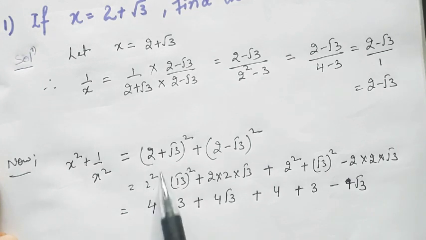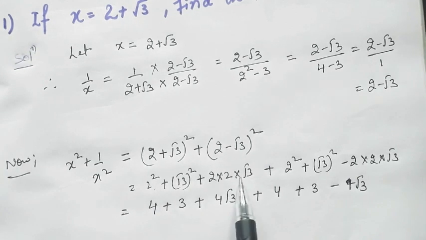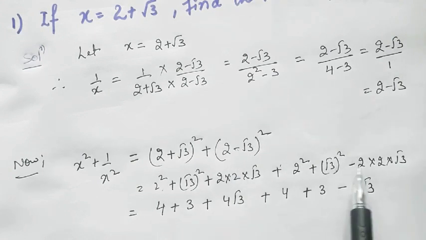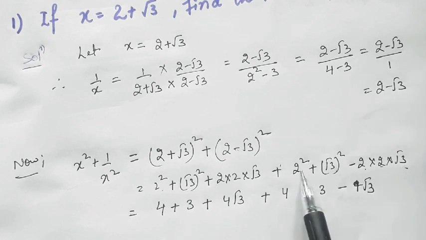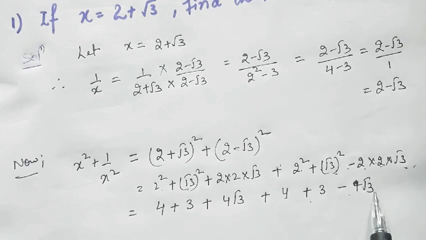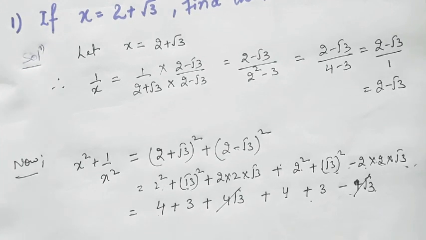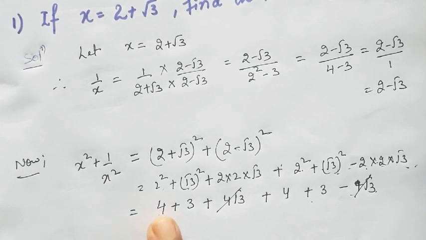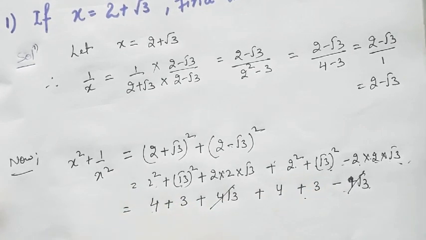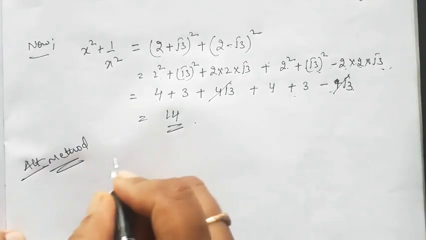That is 2 square plus root 3 whole square plus 2 into 2 into root 3, plus similarly 2 square plus root 3 whole square minus 2 into 2 into root 3, that is a square plus b square minus 2ab. 2 square is 4, root 3 square is 3, and 4 root 3 from here. Now the plus and minus 4 root 3 will cancel out. Now 4 plus 3 is 7, 4 plus 3 is 7, and 7 plus 7 is 14. So 14 is our answer.